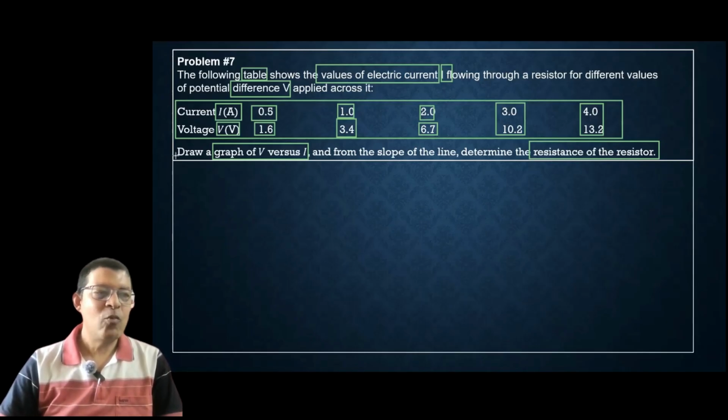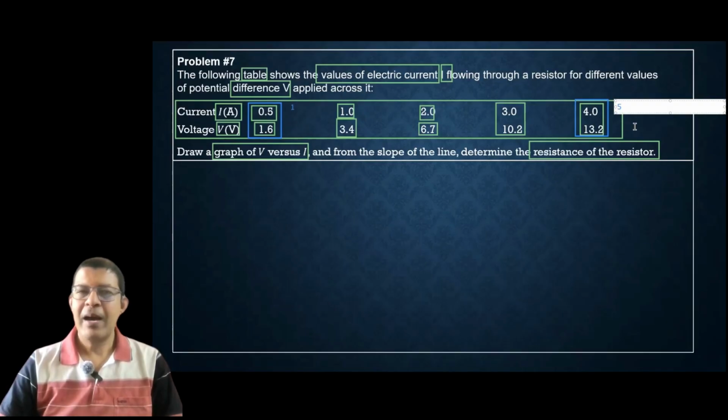On the y-axis we have voltage. So let us identify our 2 points. We will take this as one point and this as the second point. We will call this the first point, and this point the fifth point. Basically, we get 2 points from here.